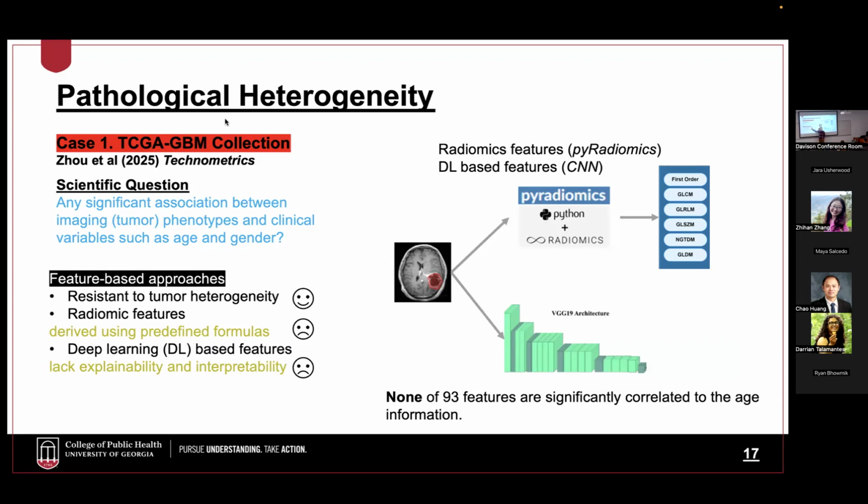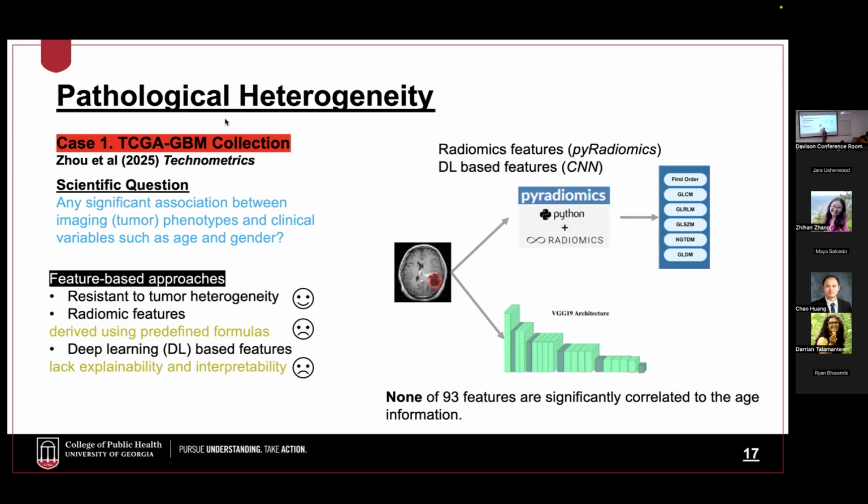The good thing is that these feature-based approaches are very resistant to tumor heterogeneity, which means that no matter what the size, shape, or location of your tumor is, we can always extract these features. And after we extract features, all these features are aligned across different subjects. And then we can do these associations.